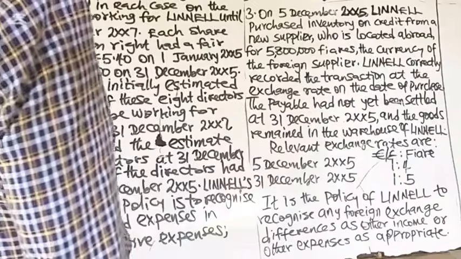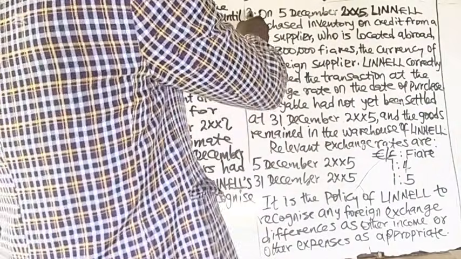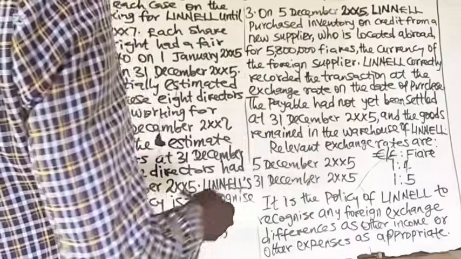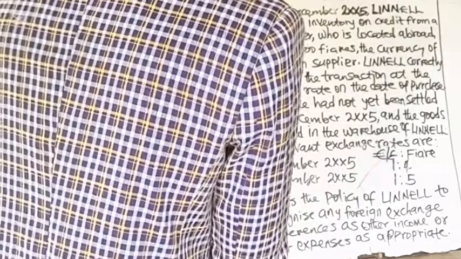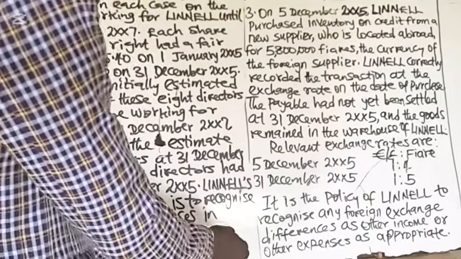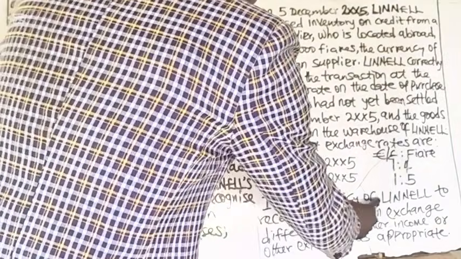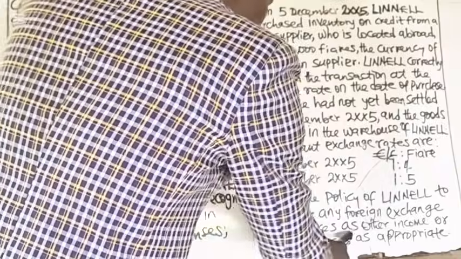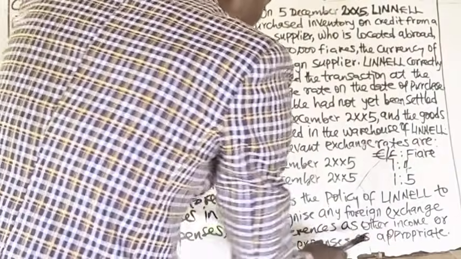2218. Before we consider the finance cost, let's go through the item in note 3 in order to ascertain if that item will be adjusted in other expenses or treated in other income, because you were told that it is the policy of Linen to recognize any foreign exchange difference as other income or other expenses as appropriate.